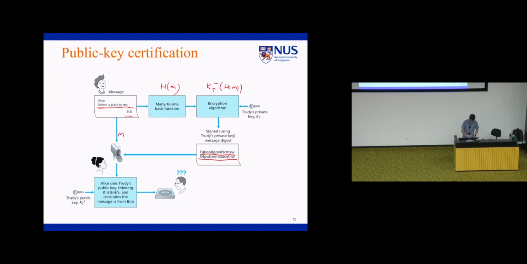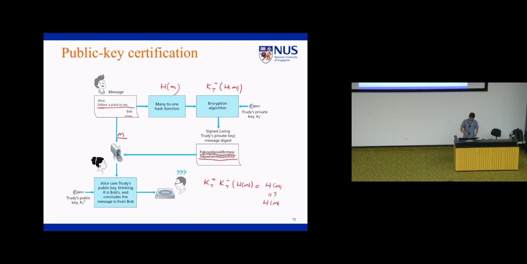And when you apply Trudy's public key to that signature, Alice will obtain H of M, and she will also check if this H of M is equal to the hash of this message.